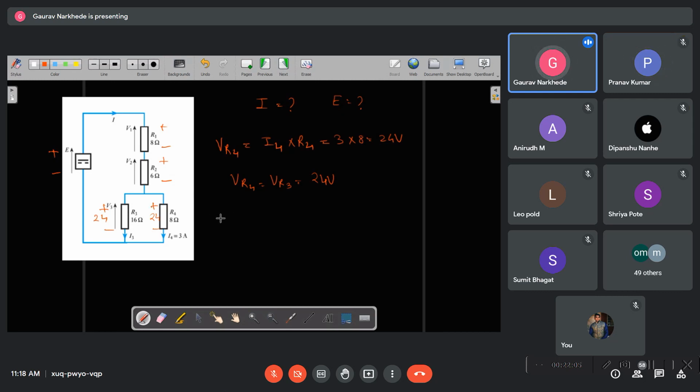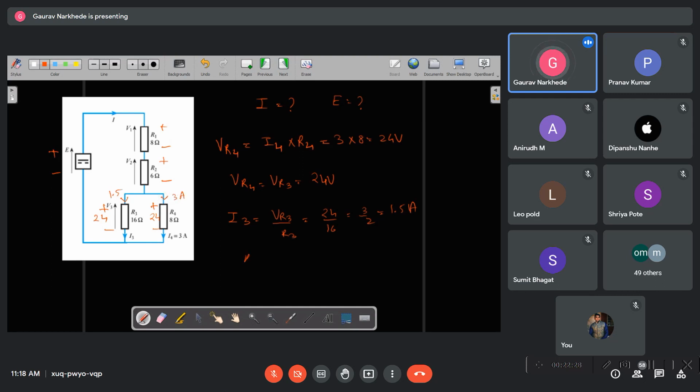And then you can find I3. I3 is nothing but the voltage across R3 divided by R3. So how much is it? 24 divided by 16. 3 by 2, 1.5 amperes. Correct? So this is 1.5 amperes, and this is 3 amperes.